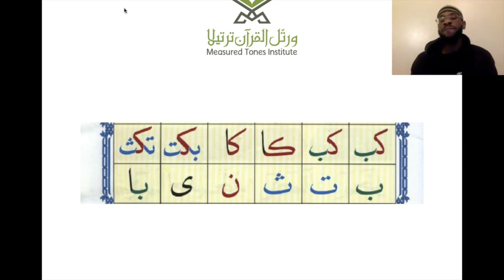Kaf ba, kaf ba, kaf alif, kaf alif, ba kaf ta, ta kaf tha, ba ta tha, noon ya, ba alif. And that is that for part 2 of lesson 2.